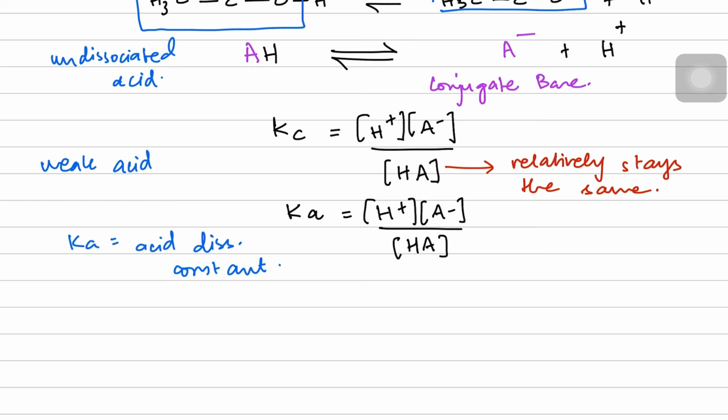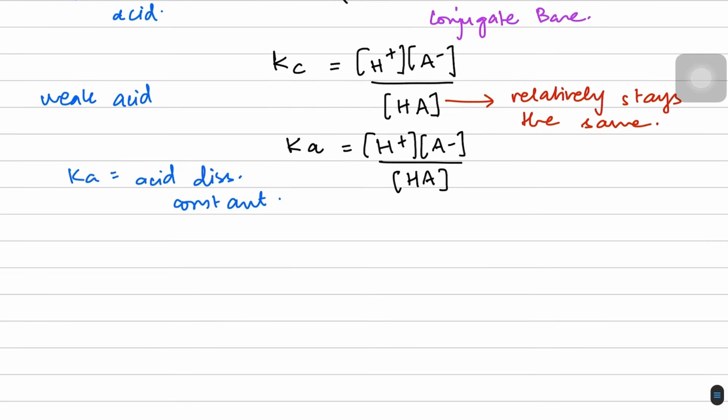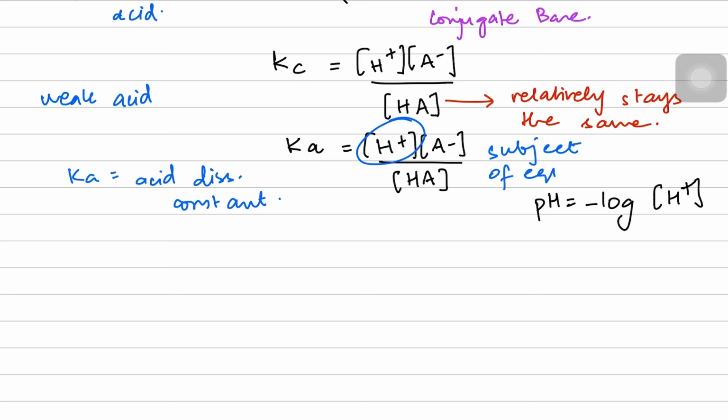Now, using this expression, I have something else to be derived. What is that? We know one thing for sure, that pH is equal to the negative log of H plus ion concentration, right? So I can make H the subject of this equation. How would I do that?